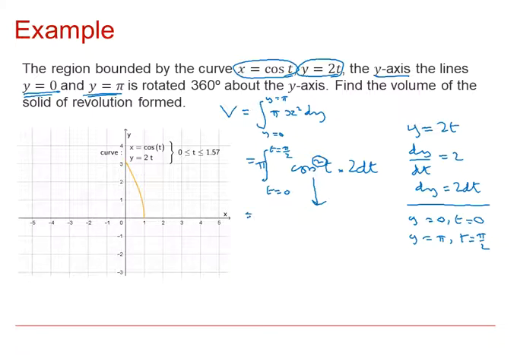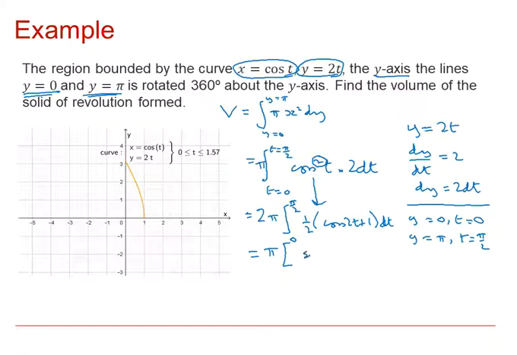So I'm going to bring the 2 outside this integral as well, so it's 2 pi, the integral from 0 to pi by 2, and cos squared t is a half of cos 2t plus 1 dt. The 2's will now cancel and I'm left with pi, and I'm ready to do the integration.